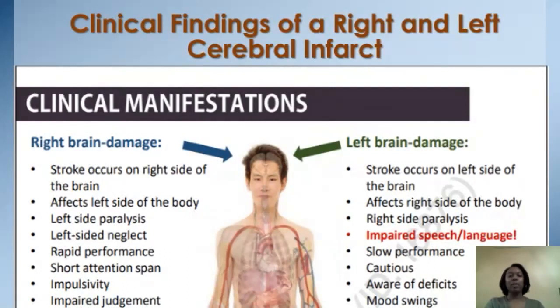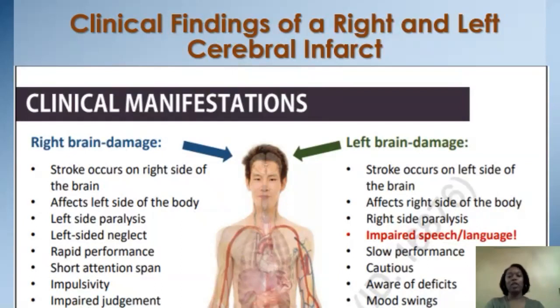They may appear to be paralyzed. They may have neglect of the left side of the body, as well as visual impairment on the left side of their visual field. They may be impulsive, have a short attention span, and have impaired judgment.